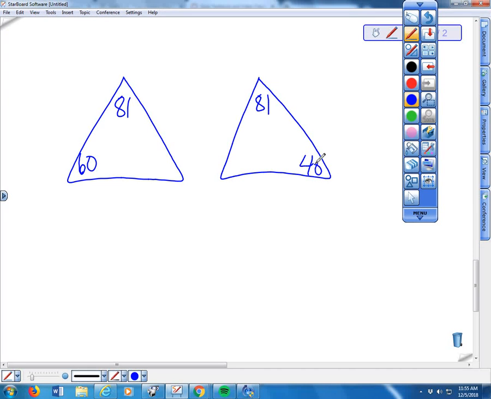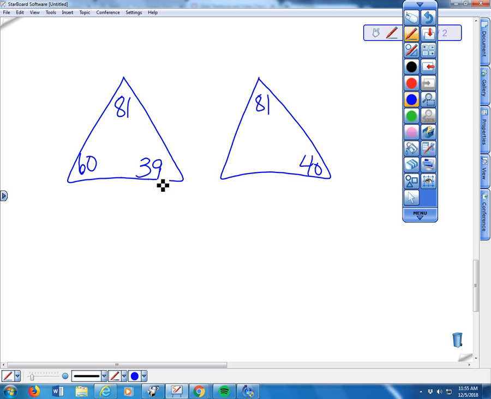They're oriented differently than this, but this is what it's saying. So how many angles or degrees are there in a triangle altogether? 180. And this is 141, which means this angle must be 39.